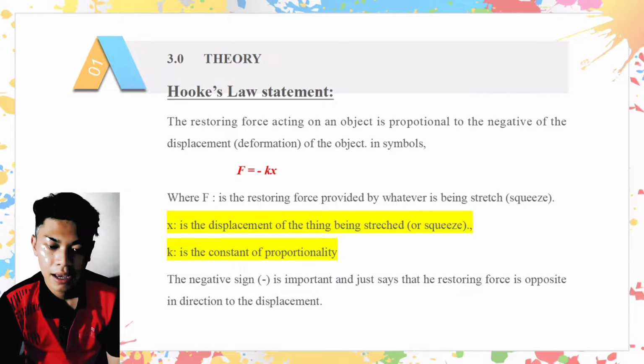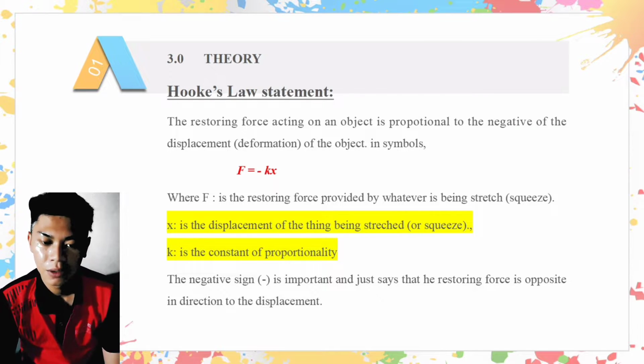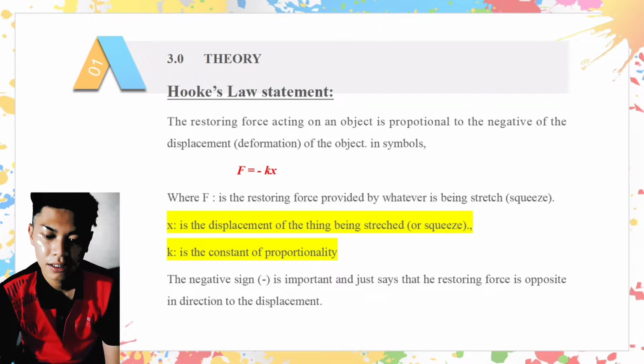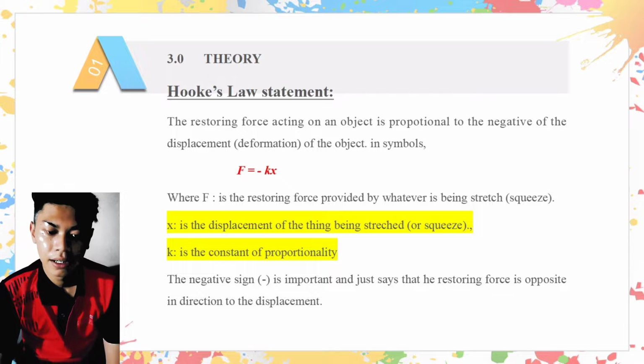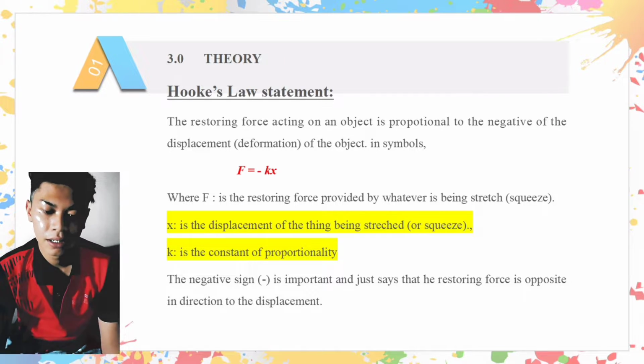In symbols, F equals negative kx, where F is the restoring force provided by whatever is being stretched or squeezed, x is the displacement of the thing being stretched or squeezed, and k is the constant of proportionality. The negative sign is important and just says that the restoring force is opposite in direction to the displacement.